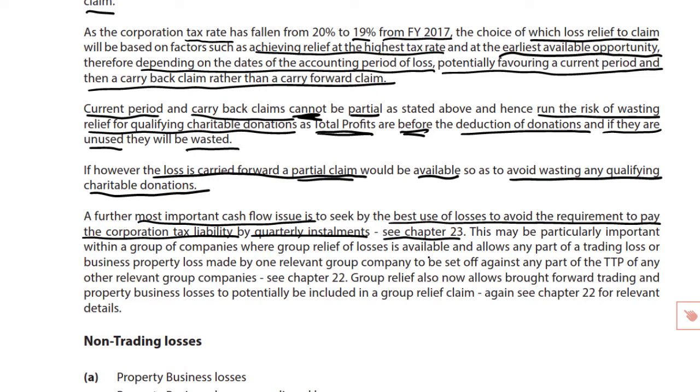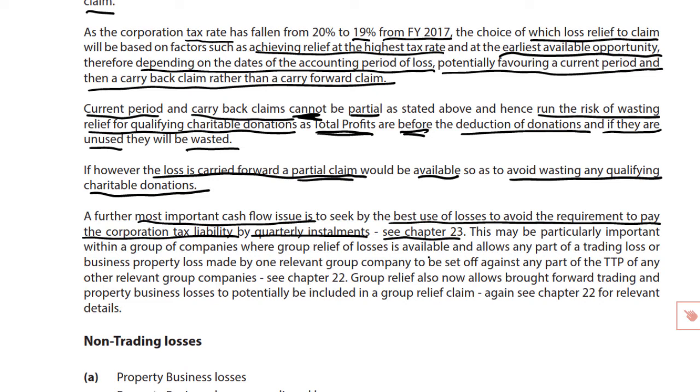Now, what do losses do to profits? They reduce profits. And if by the use of a loss you could reduce a profit below the so-called profit limit, and again, if you do not remember what I'm talking about, go back to the early pages of your introduction to Chapter 16, where you see the references to large companies being required to make quarterly instalment payments.